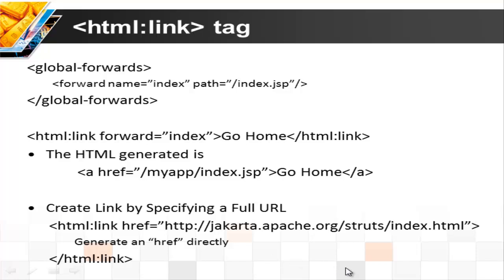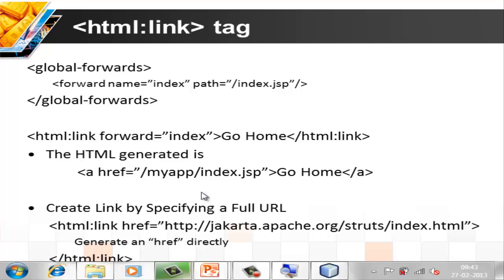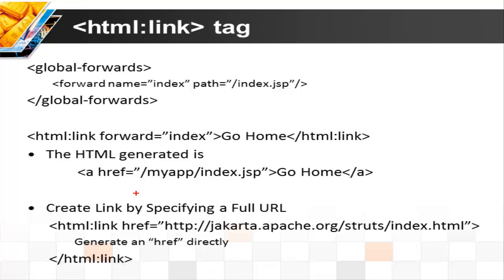For example, if you want to create a hyperlink for some location, you just start html:link, href is equal to something. This is no different from your ordinary anchor. So you have used the anchor tag, href equal to something, then "visit my site", then closing tag.